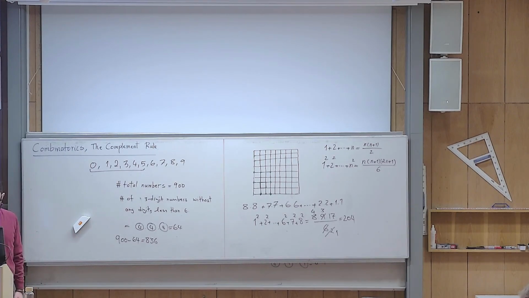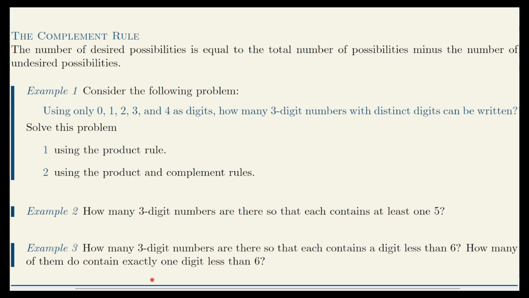Okay, now how many of them do contain exactly 1 digit less than 6? Might be the complement rule is not useful for the second one, I don't know. But we want to calculate how many of them do contain exactly 1 digit less than 6. So how should I do that?